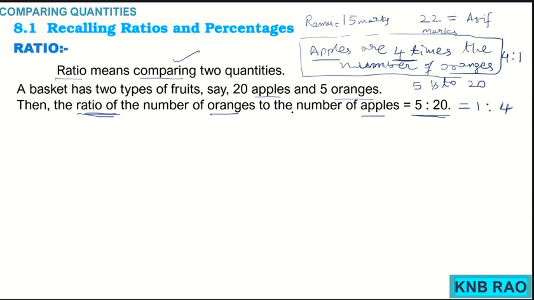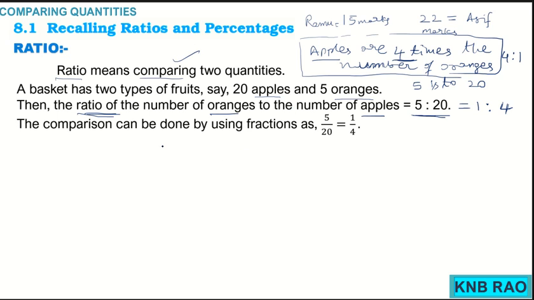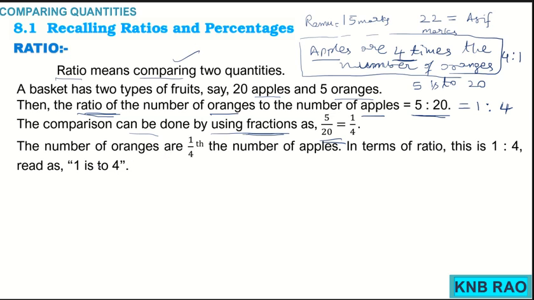Children, here I am giving that the comparison can be done by using that fraction. How will that fraction come? You know, when we divide 5 by 20, we get that fraction which we normally call the quotient. Children, here in the ratio, 1 is to 4 is shown with this symbol.